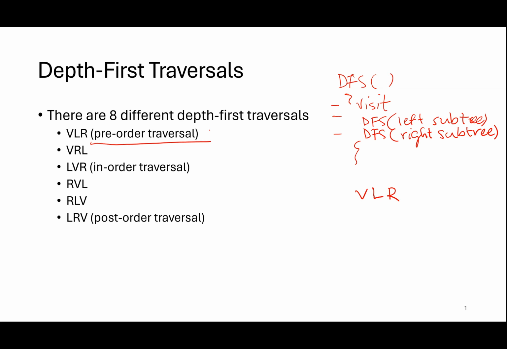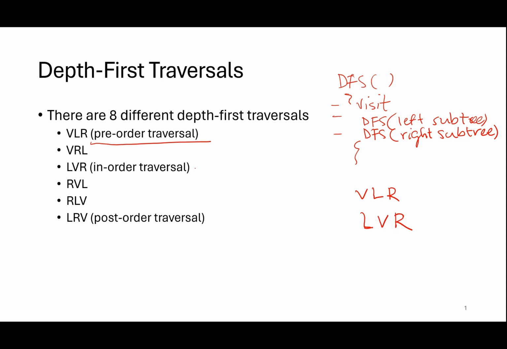But we can actually traverse the tree in other ways. We don't need to visit first. What we can do is traverse the left subtree first, and then visit the node, and then traverse the right subtree. That becomes the in-order traversal.